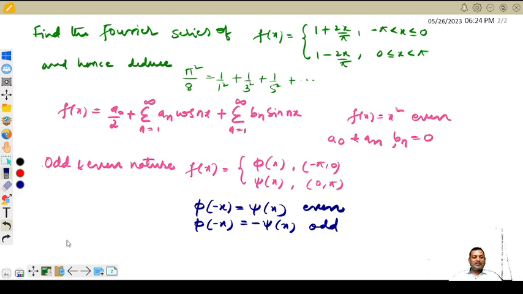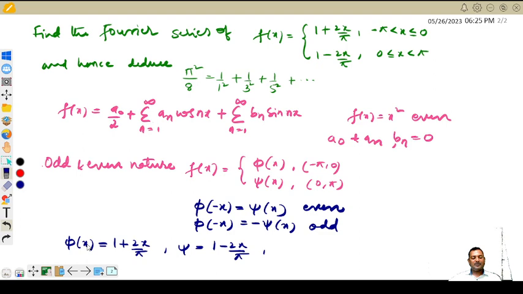Here, students, phi of x value is 1 plus 2x by pi, and xi of x value is 1 minus 2x by pi. So let us verify.